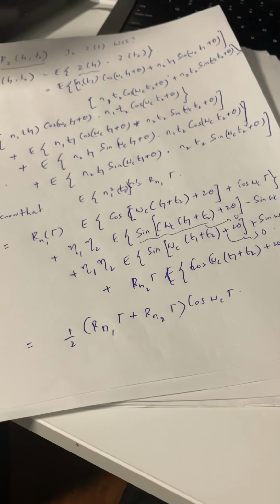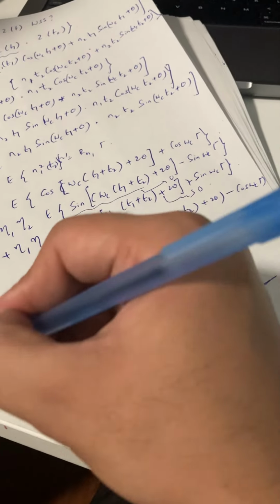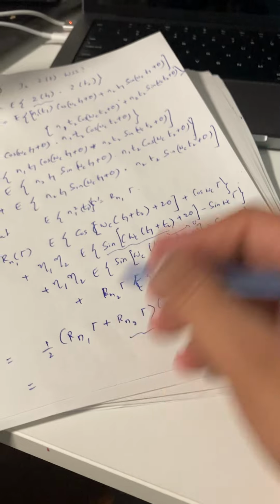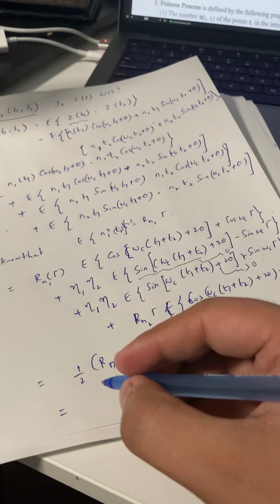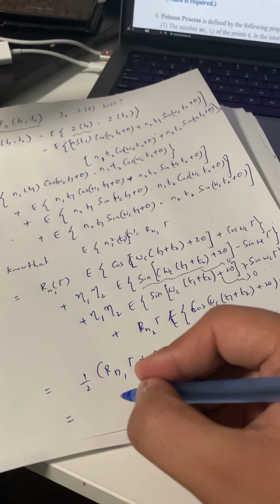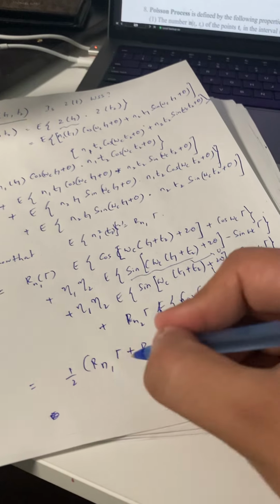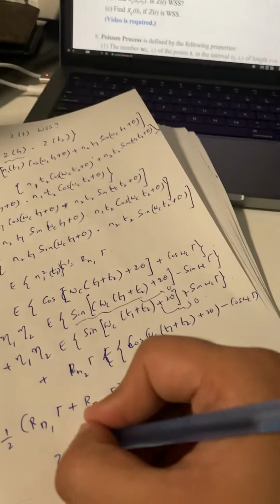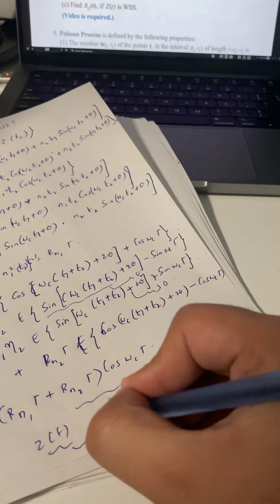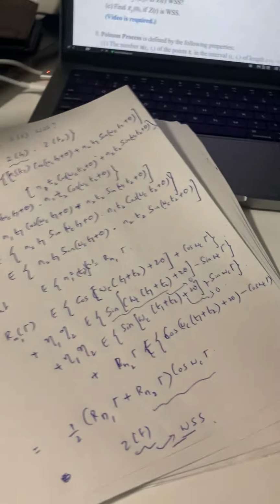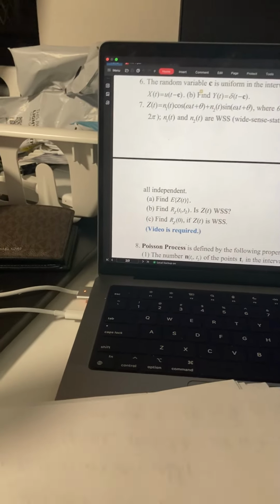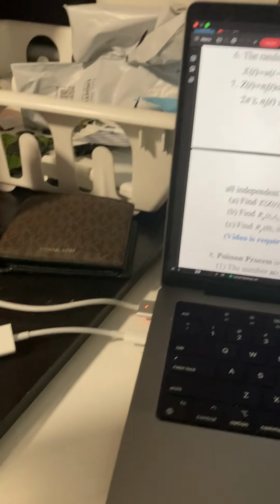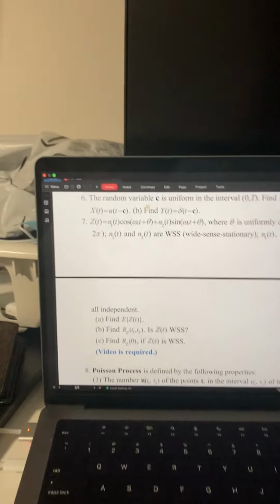This is the solution, which is the answer, and hence we can clearly see that z of t is WSS. So we have solved part B in this fashion.